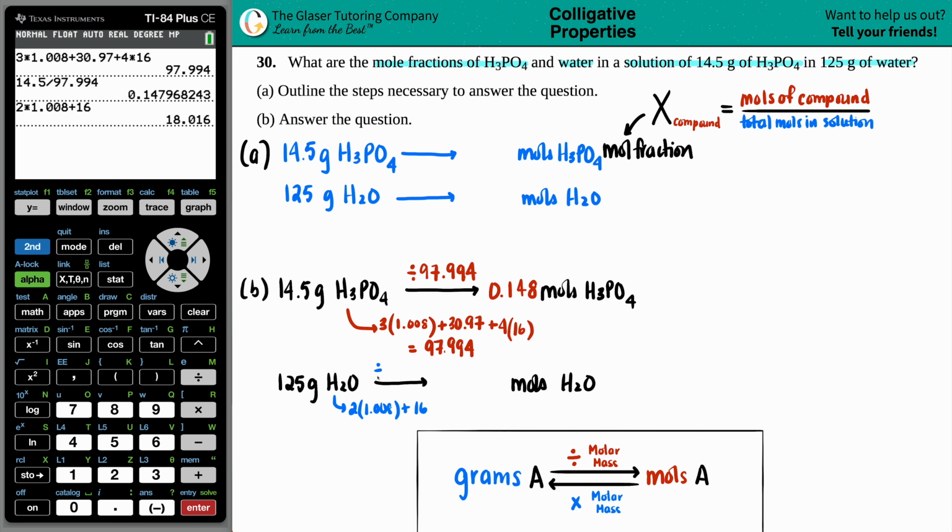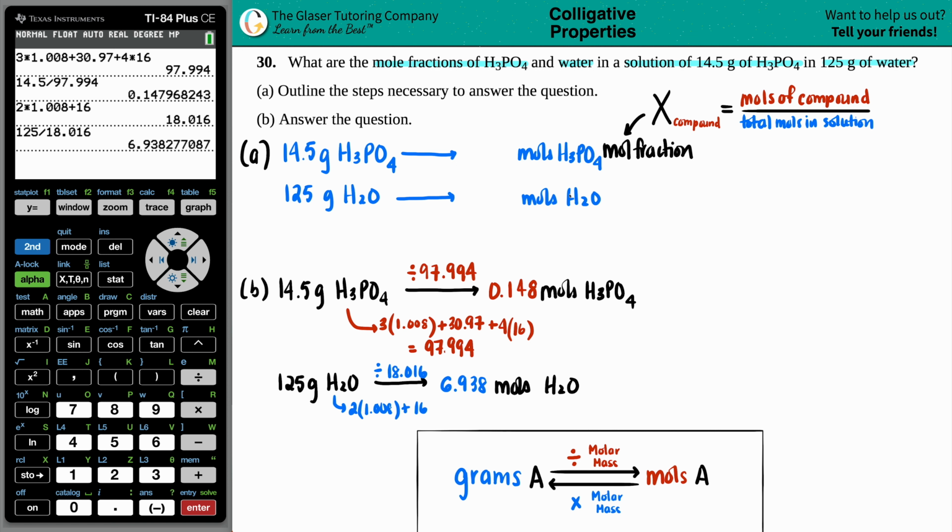So I'm going to take 125 divided by 18.016, and I get 6.938. That looks good, right?